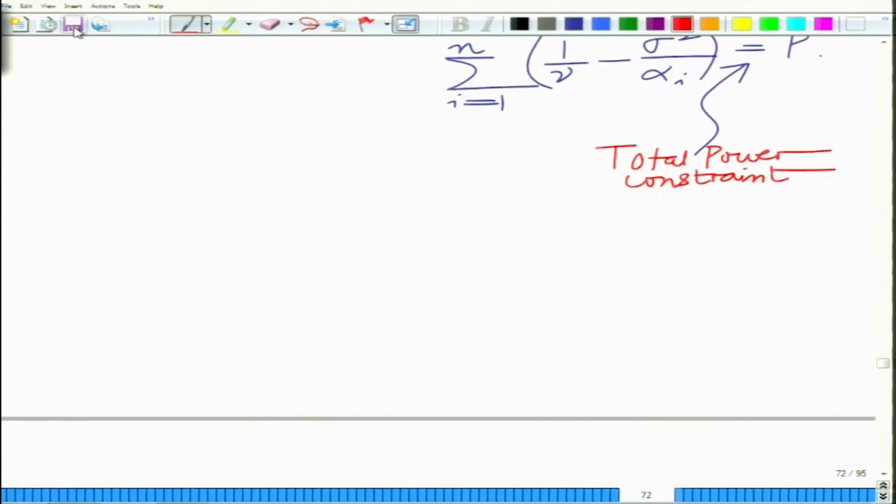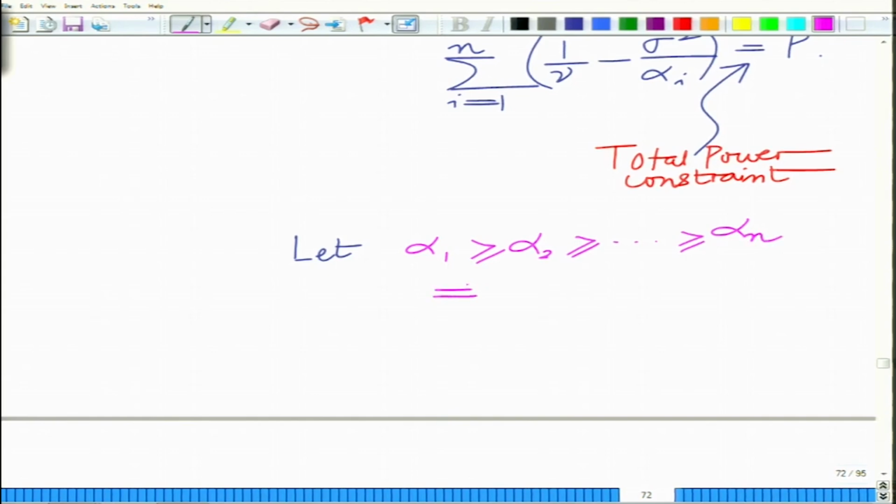Now, you observe something interesting. Let us go back to what we said before. Let us assume without loss of generality that these are ordered, that is, alpha 1, the gain of the first channel, is the strongest, greater than the second channel, greater than or equal to alpha n. Okay.